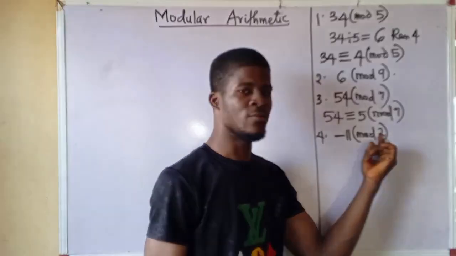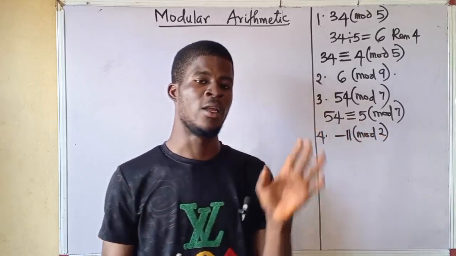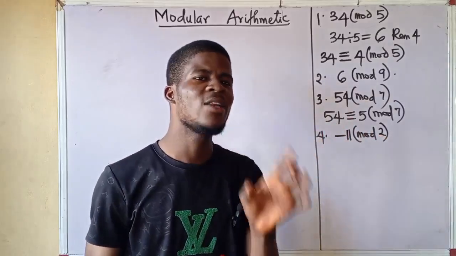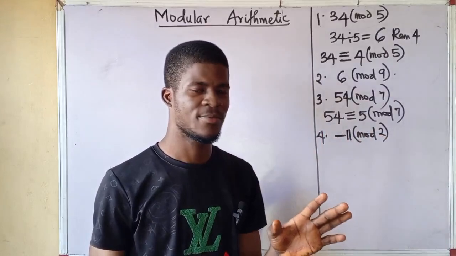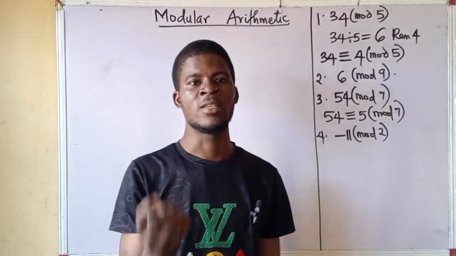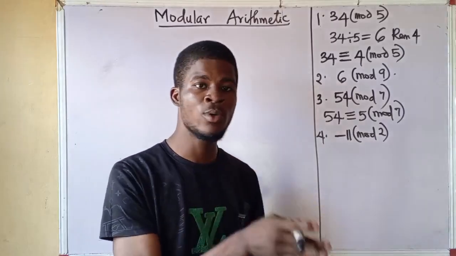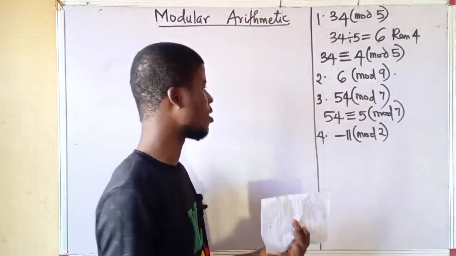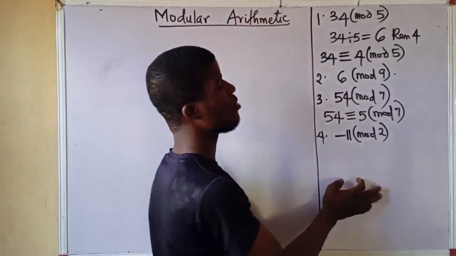Values in modulo 2 are less than 2, but they are not negative numbers. So we only take positive numbers that are less than 2. So they are just 0 and 1. That's the idea. Now we have the negative value minus 11.